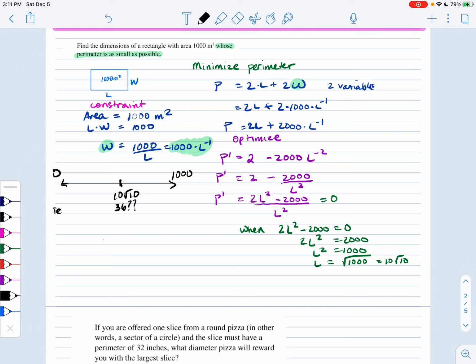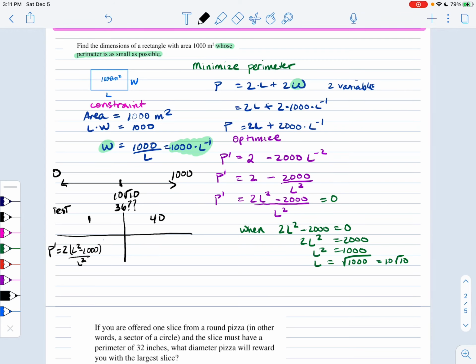So I'm going to pick a test point. I'm going to pick 1, and then I'm going to pick like 40 here. And my derivative here is 2 times L squared minus 1,000 over L squared.